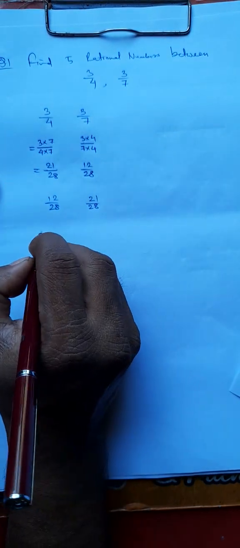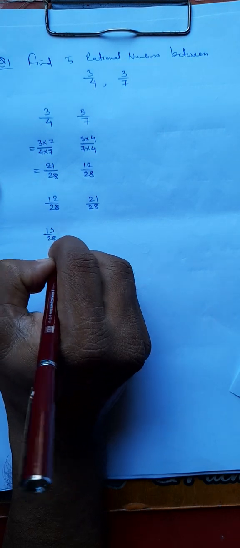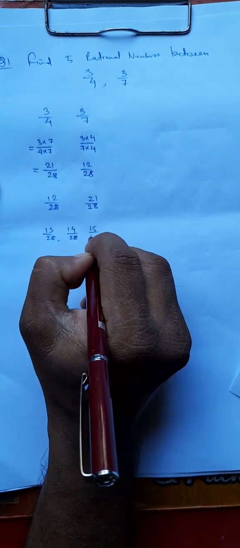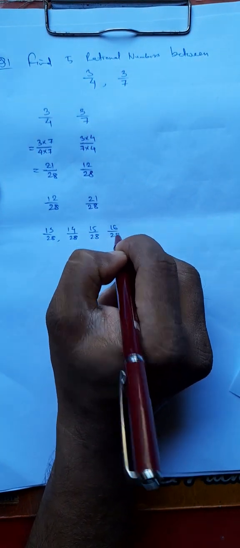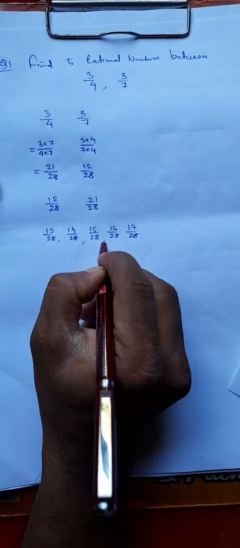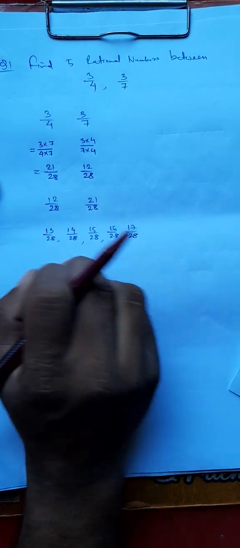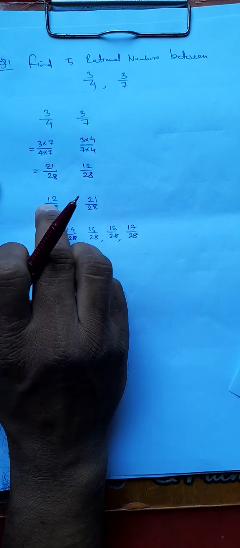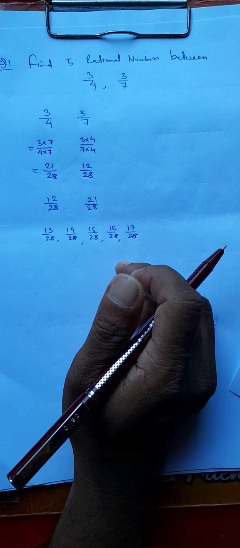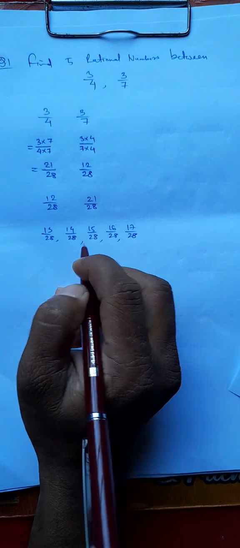So you can imagine some numbers, say for example 13 by 28, 14 by 28, 15 by 28, 16 by 28, 17 by 28. These numbers are greater than this and less than this. So we found some rational numbers between 12 by 28 and 21 by 28.